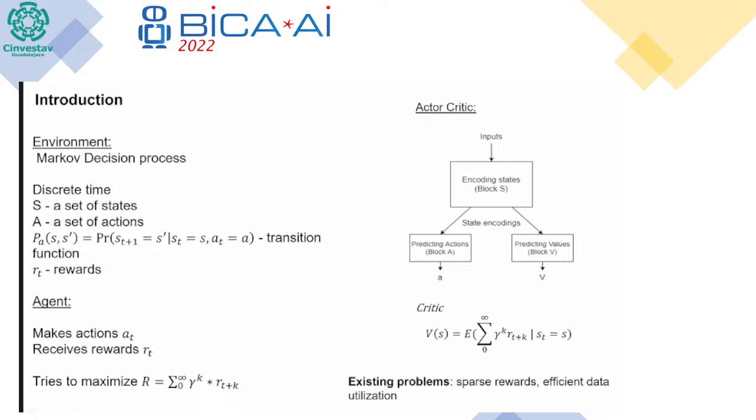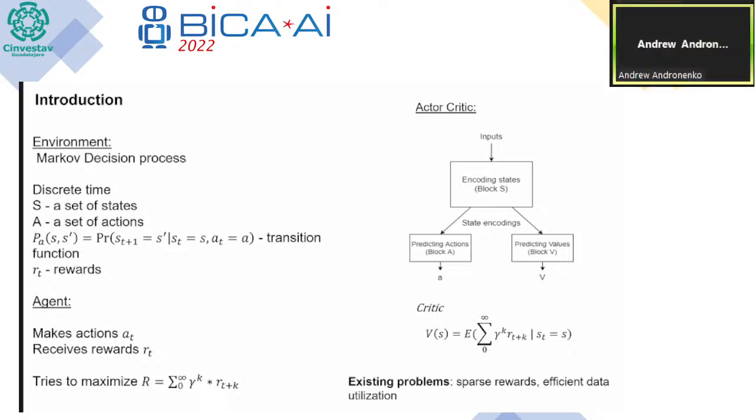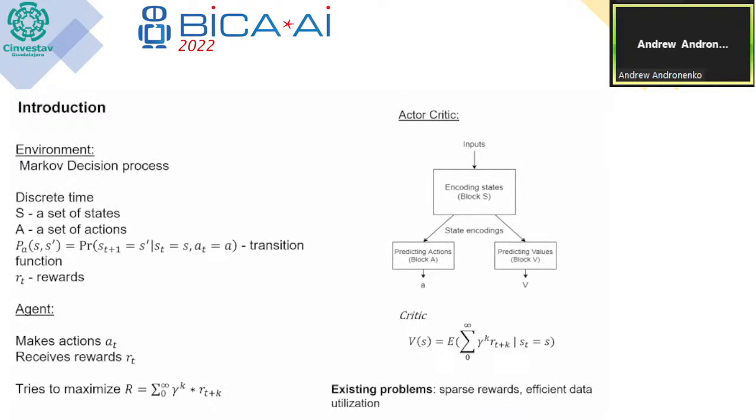Common difficulties for this and many other algorithms are sparse reward environments, because sparse rewards make it a lot harder to explore the environment and to find the best strategy, and to use data efficiently.